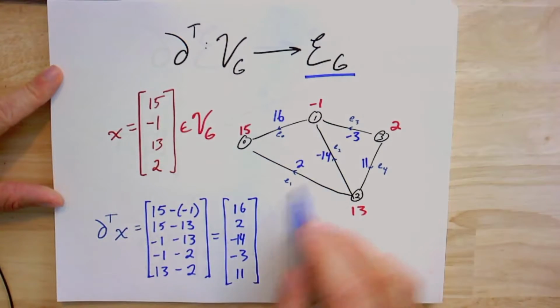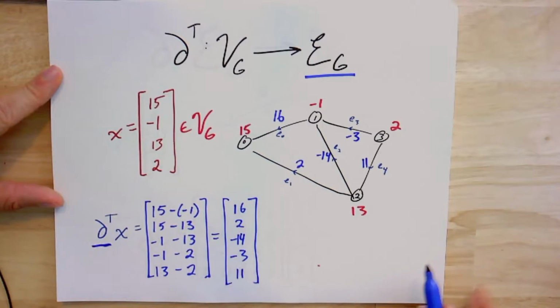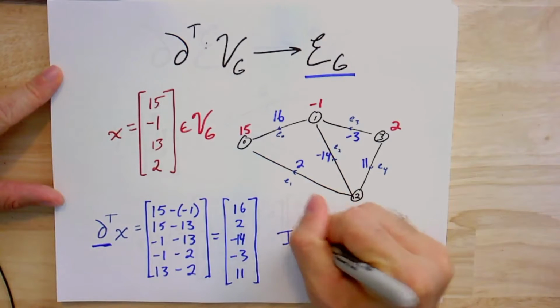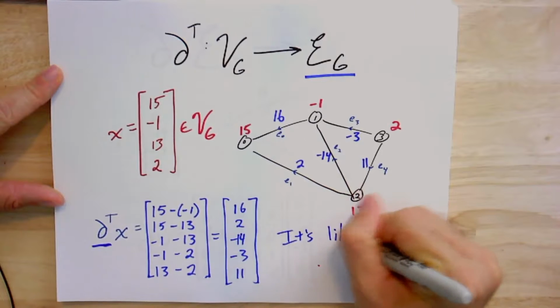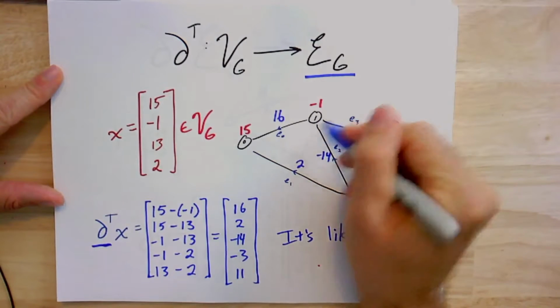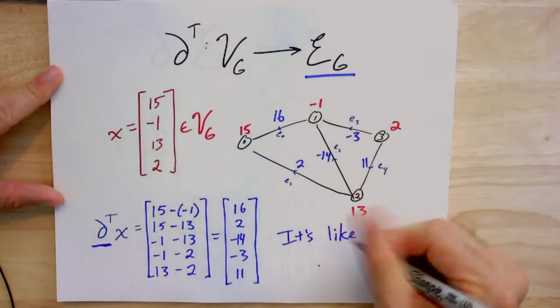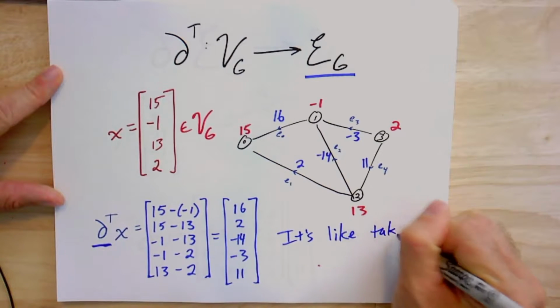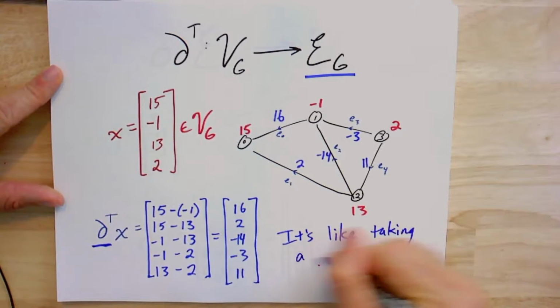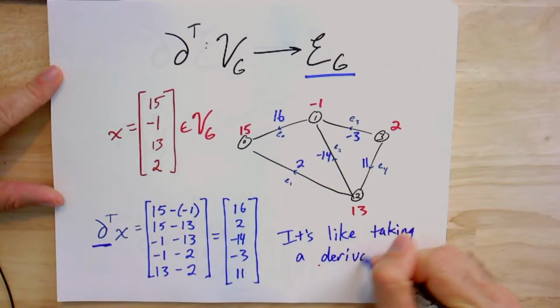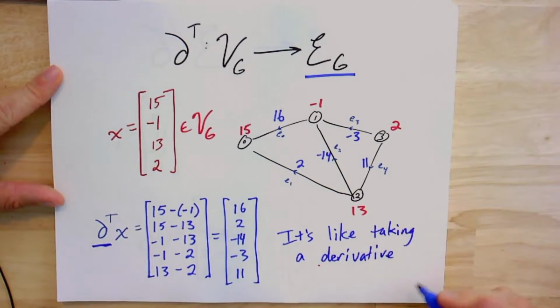And so what happened is this multiplication by the transpose of the boundary matrix is like taking a derivative. It's telling us the difference, how the function value changed over a single step. And that intuition is not even really a stretch.